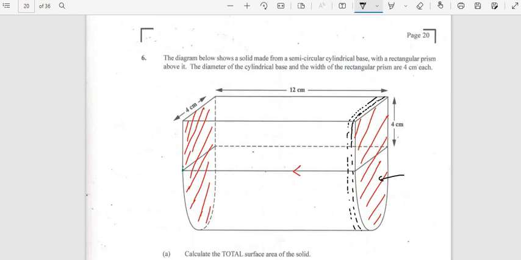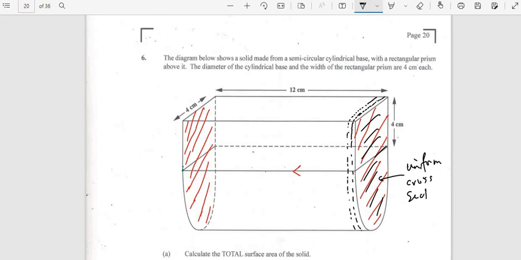We'll still get a face that's identical to this face here. So all the way through, that means that this is a uniform cross section.